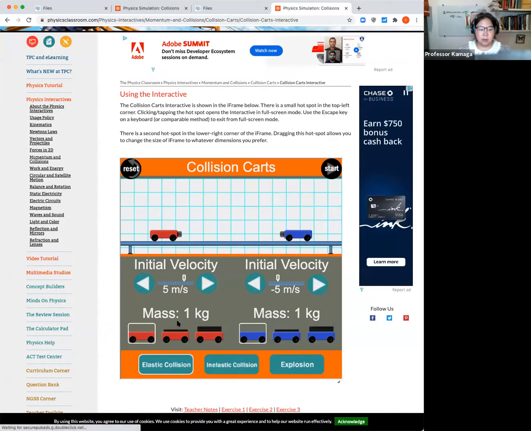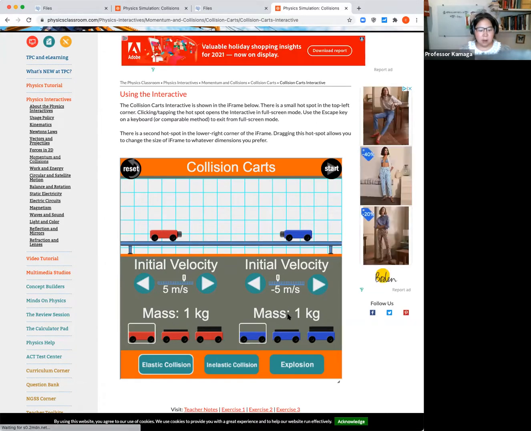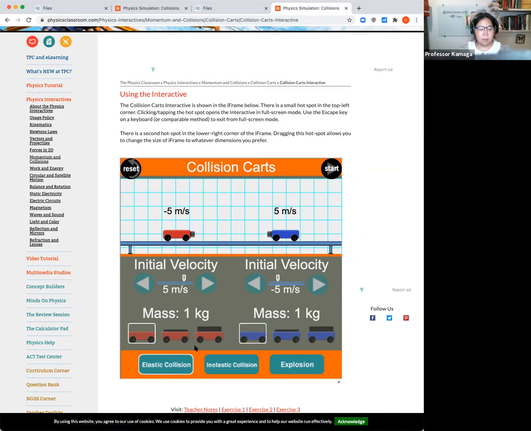In this case, you get to choose whatever you like. You choose the mass to be 1 kilogram for the red card and blue card, or different. It could be 2 kilo and 1 kilo. You choose, write down what value you're using, and run the simulation. So with 1 kilogram, after collision, the red one has minus 5 meters per second. After collision, the blue one has 5 meters per second. Like I said, it doesn't have to be 1 kilo and 1 kilo.